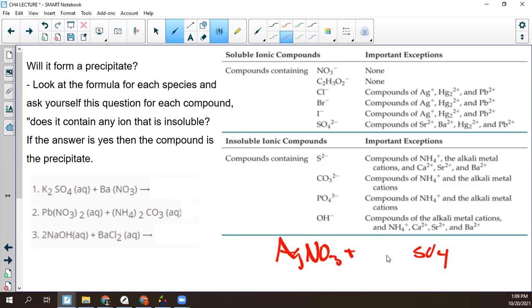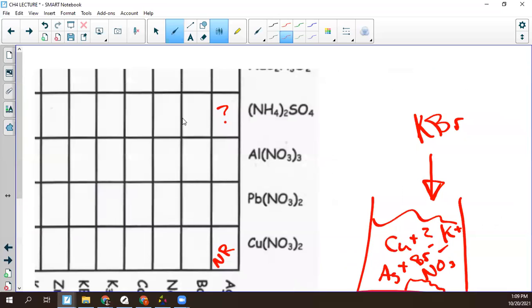I don't remember what this was. So will a precipitate form? Ainsley, why? All right, because we know NO3 won't. Don't ever do that to me, that hurts my feelings. So the next thing you check is SO4. Looking up here, SO4 is always soluble unless it's with one of those. Is silver one of these listed? No. So nothing would happen right here.